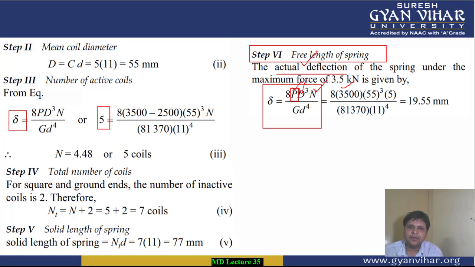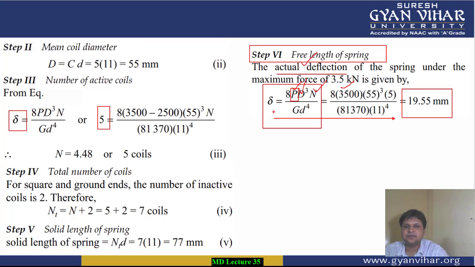So P, capital P, we are taking as the maximum value and it is equal to 3500, because the load is in between 2.5 to 3.5 kilonewton. So the maximum value is 3.5 kilonewton. That same value we are putting in the equation. By doing this, the value of deflection which we are getting is 19.55 mm. This is the actual deflection value.